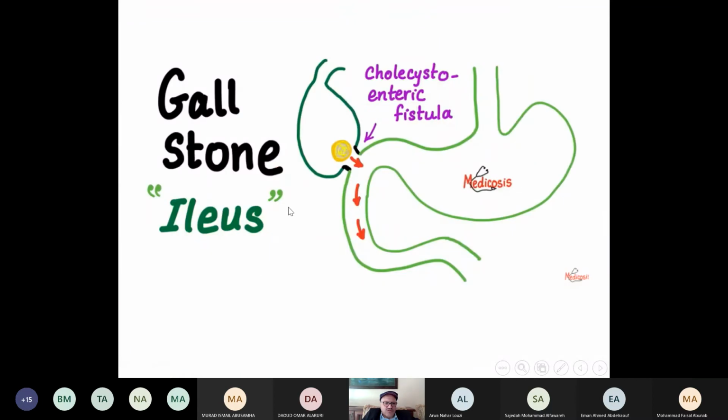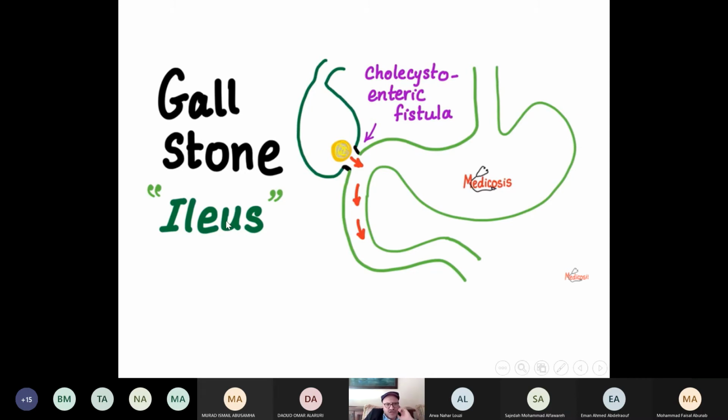Gallstone ileus. You keep hearing about this, and people think that the gallstone will pass through the cystic duct to the duodenum and then to the small bowel, which is not the case, because the stone that passes through the cystic duct will not cause obstruction of the small intestine.